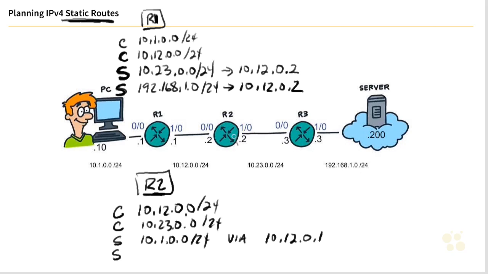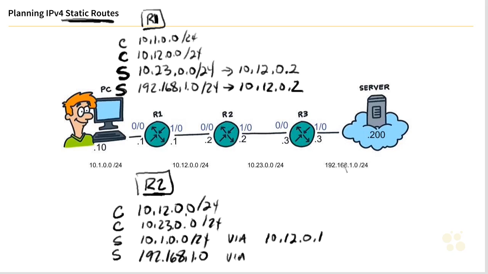The other network we have that R2 does not know about yet is 192.168.1. So let's solve that. We'll add a static route, 192.168.1.0 via, and you tell me, if R2 needs to forward a packet in the direction of this network, 192.168.1, who's the next hop going to be?